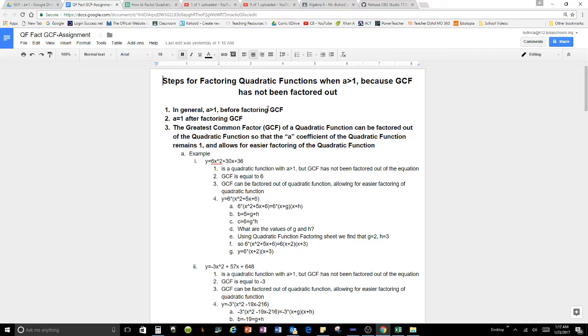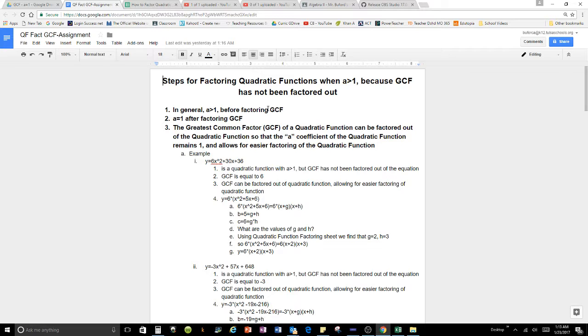The only thing that you have to remember to do is when you come up with your two binomial expressions that represent the product of the two binomials, you have to multiply those two expressions by the greatest common factor that you pulled out of the equation.